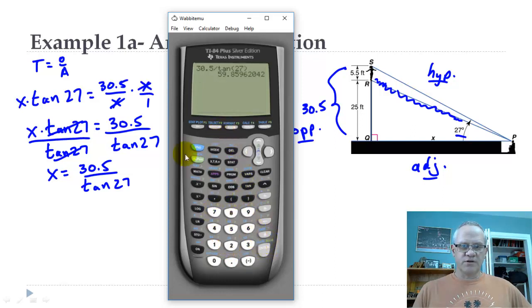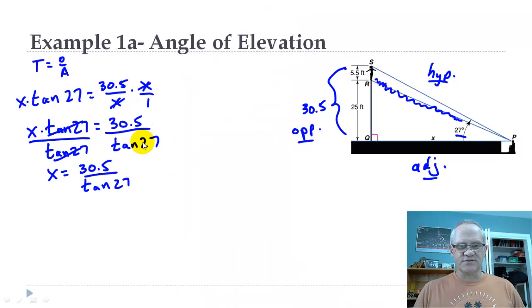And it looks like we're going to get that X, I guess I can't write until I get rid of this. I don't remember if it said to round, maybe we're going to round it to the nearest foot, I think. So that's going to be like 59.85, so that's going to round to 60 feet. So we'll round that to 60. So X would be approximately then 60 feet.